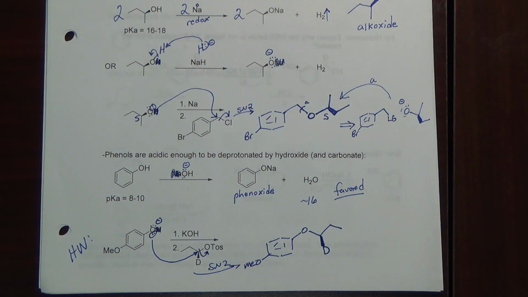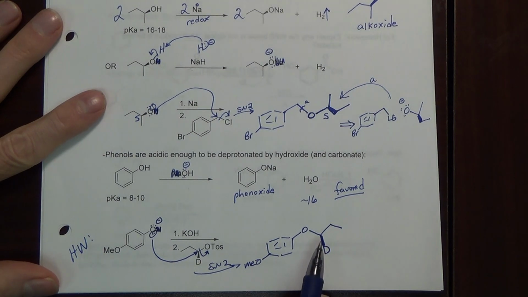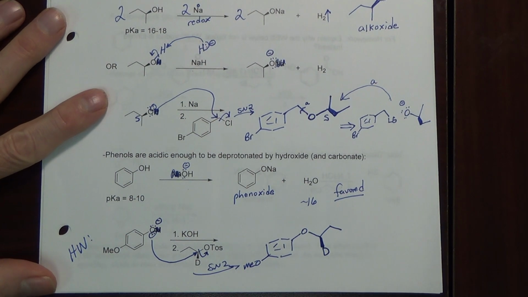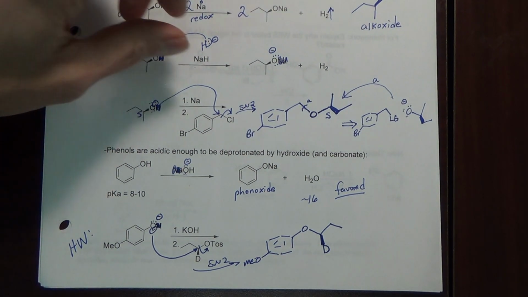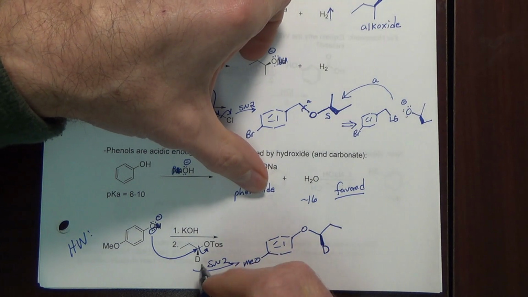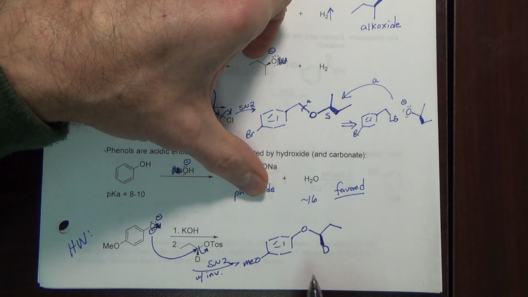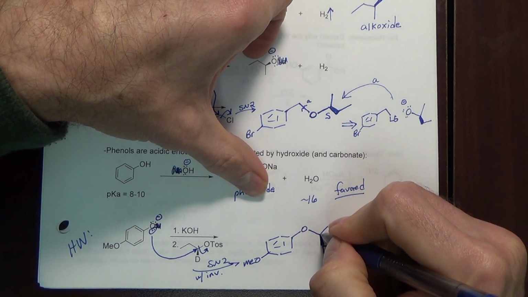And there we go. Instead of a tosylate on that carbon, we now have the oxygen on that carbon by an SN2 substitution reaction. And SN2, of course, comes with inversion. And we have inversion here.